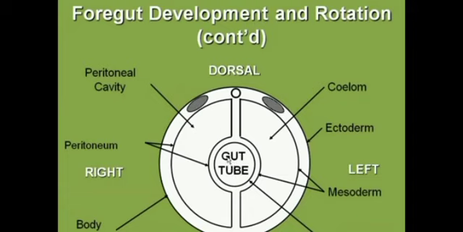Now, we know that there are never any organs that are found in the coelom, regardless of whether that's the coelom that becomes peritoneal cavity or pleural cavity or pericardial cavity. There are never any organs that are within that derivative of the coelomic cavity. So that means that on this diagram, there are only two places where organs can develop.